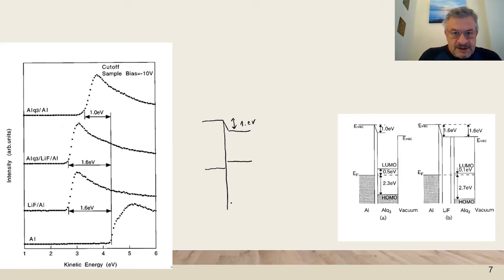And then this is the position of the conduction band and valence band, or LUMO and HOMO, of the Alq3. And there is not such a good match because there's 0.5 electron volts here.